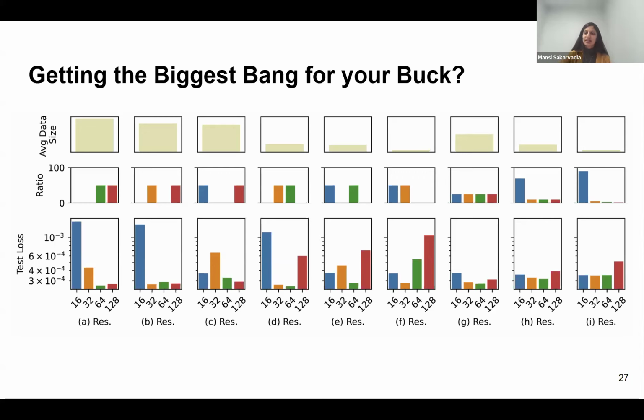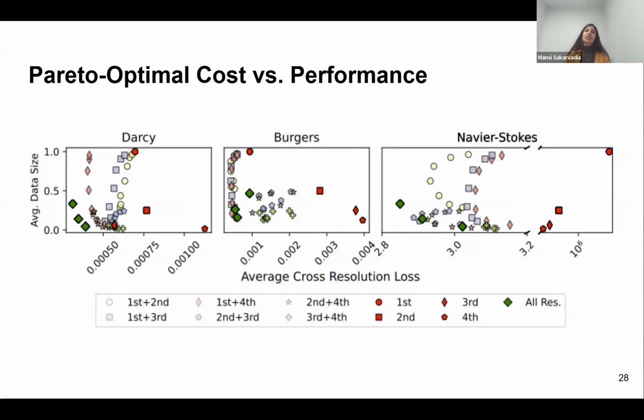In particular, I like the example in the last column here. 95% of our training data in this experiment came from resolution 16 data, so super cheap. 3% came from 32 resolution, 2% came from 64, and 1% came from 128. And we see that while we are sacrificing a little bit of performance in terms of test loss at resolution 128, relatively the test losses are low. And if you look at our average dataset size, it's one of our smallest datasets to date. And so this was a really exciting result.